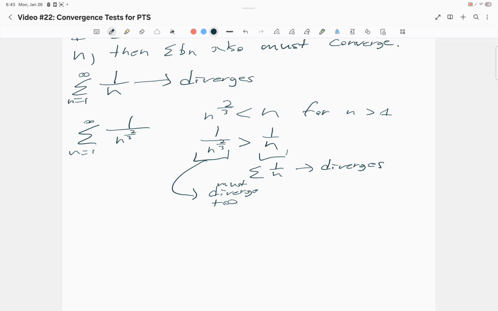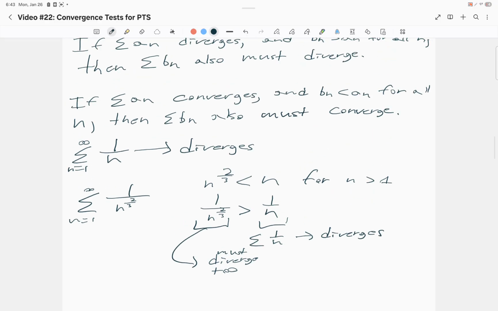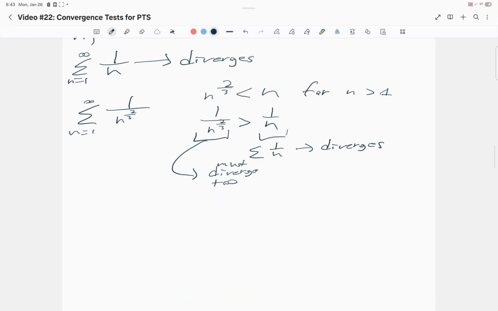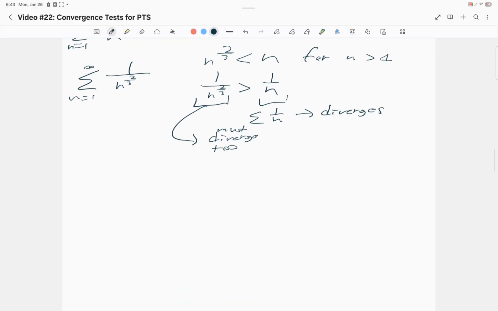If we can make these comparisons based off established series that we already know, it allows us to determine divergence and convergence really easily. So I'd say this is another one of my favorite ones to use because it's really quick.